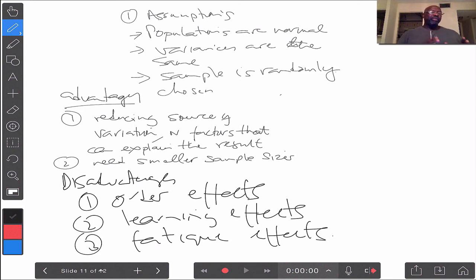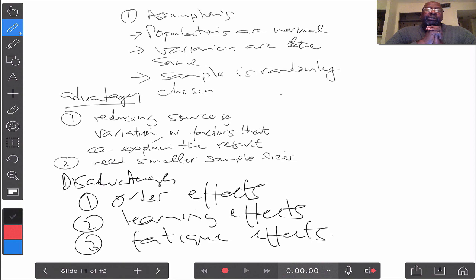Now, in experiments involving human subjects, you tend to find those kinds of issues. So, for example, if we were, say, looking at the effect of training, or maybe different methods on the productivity of employees. So maybe we have 3 approaches or 4 approaches to assembling a particular device. And we're going to experiment by using the same employees. So we teach them method 1, and then we get them to do the assembly. Then we teach them method 2, do the assembly, method 3, method 4.